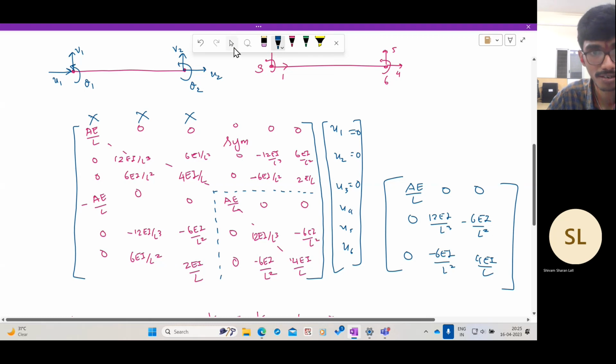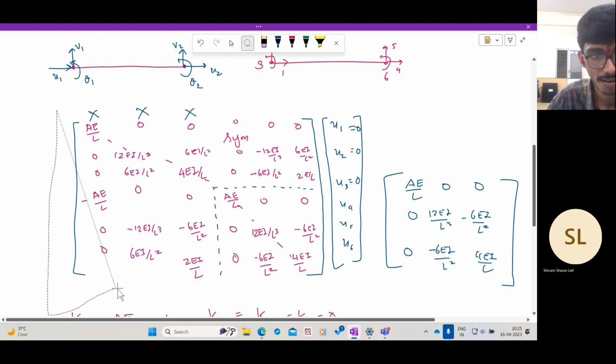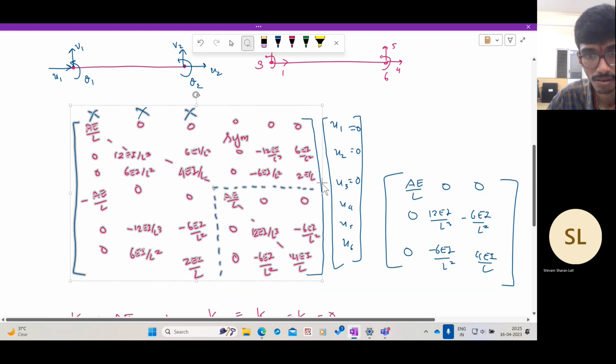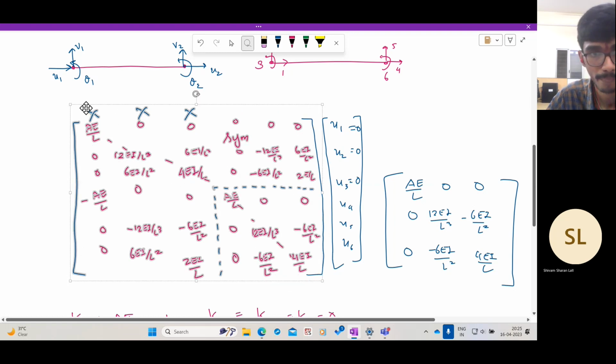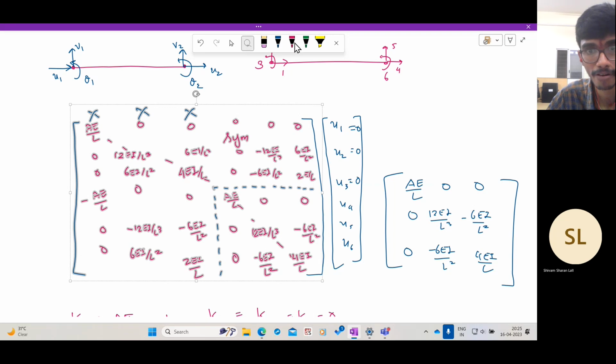Let us just reuse it. Okay, never mind, I'll rewrite it, no problem.